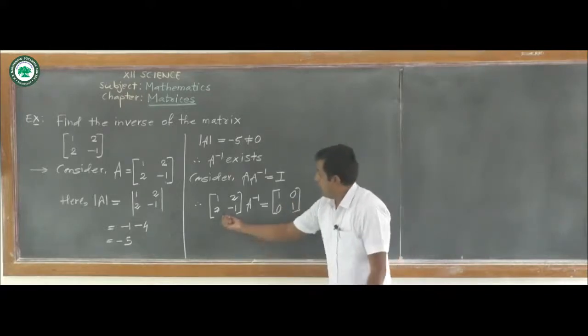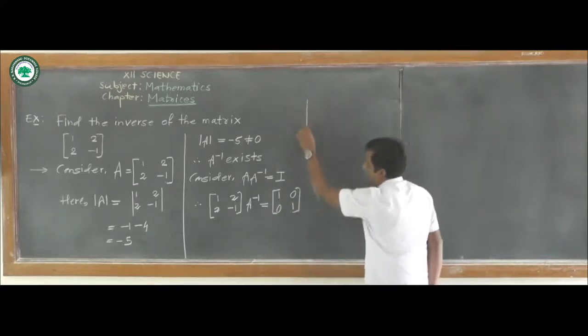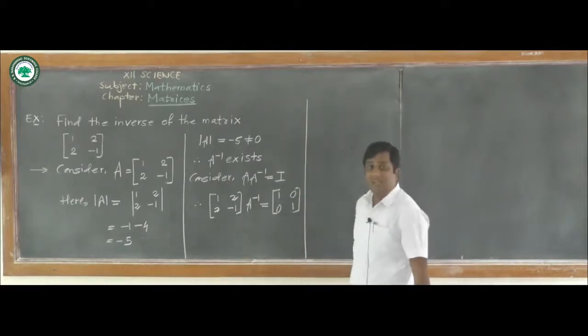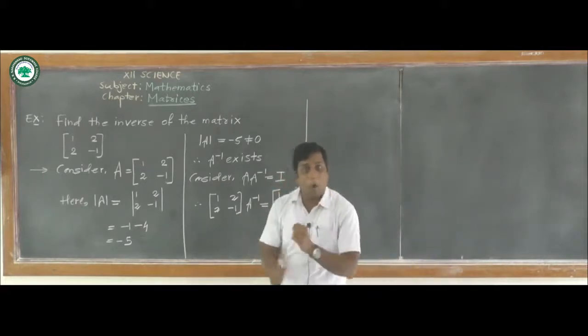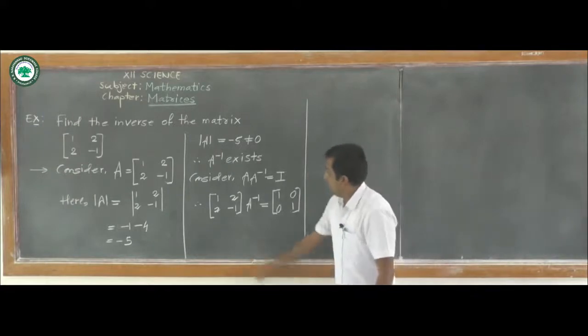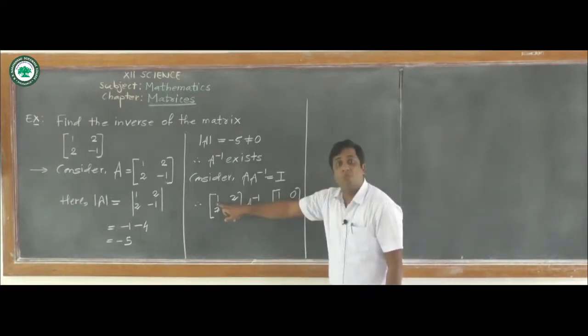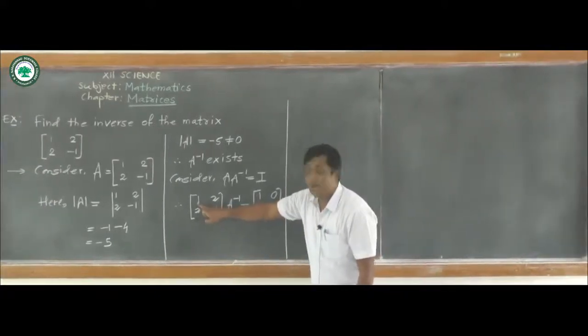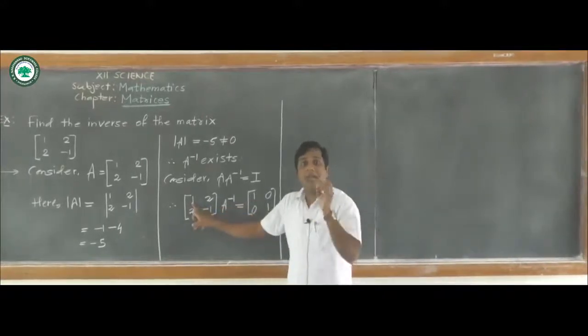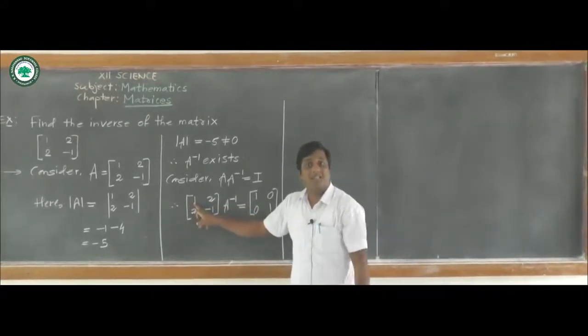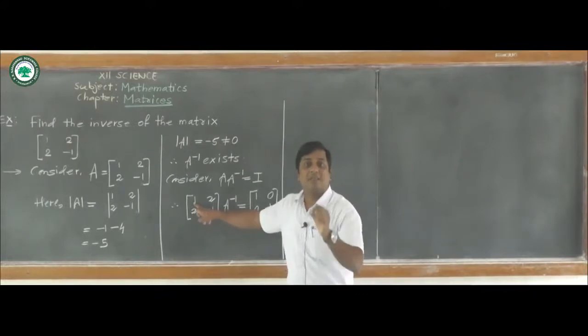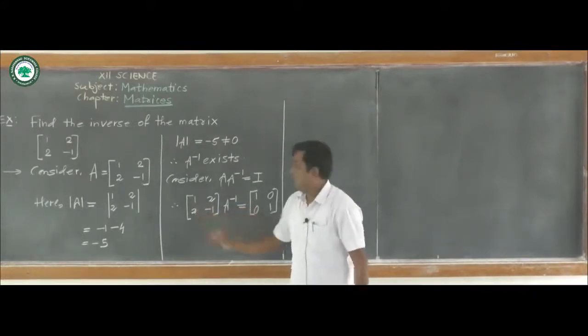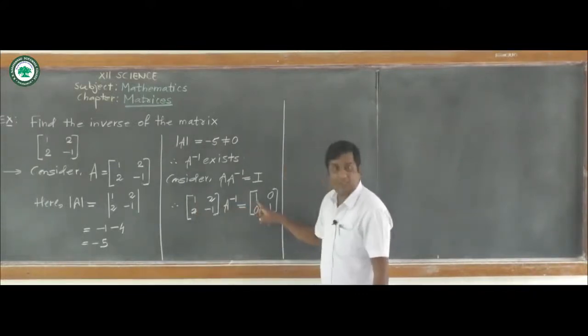So here to reduce the given matrix A into identity matrix, we use some transformations. Here in the position of A1,1, remember, this 1 is in the position of A1,1, that is in the first row and in the first column. So here we want 1 like this.